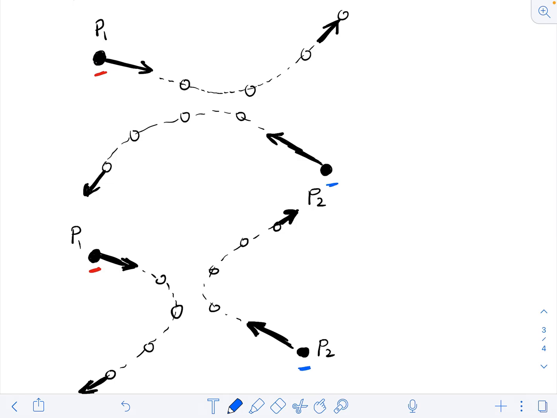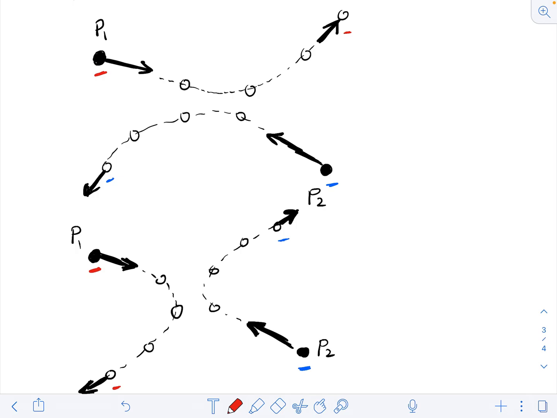In one case, you end up with particle 2 over here and particle 1 over here, and in the other case, the reverse in this second scenario.